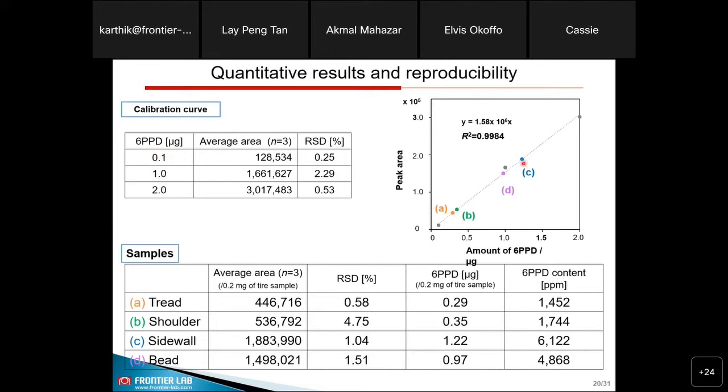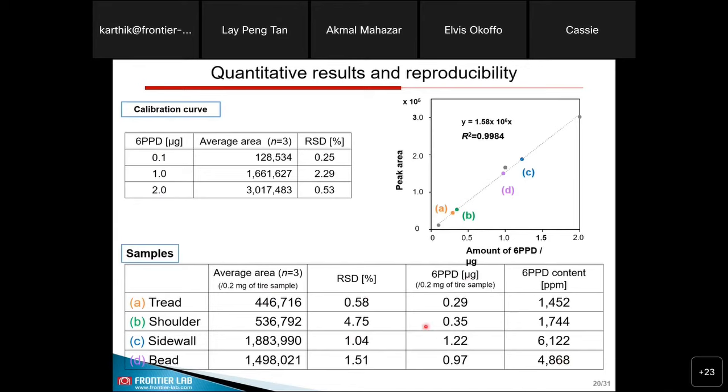Using this calibration graph, we have also estimated the four parts of the tire. The area is an average from triplicates with 0.2 milligram sample, and you can see the area is different for different parts of the tire, and the RSD is also shown here. And this is the absolute concentration, the actual concentration present in the sample.